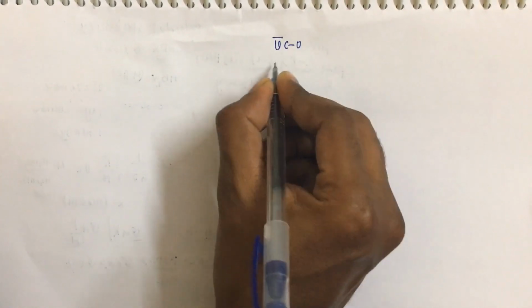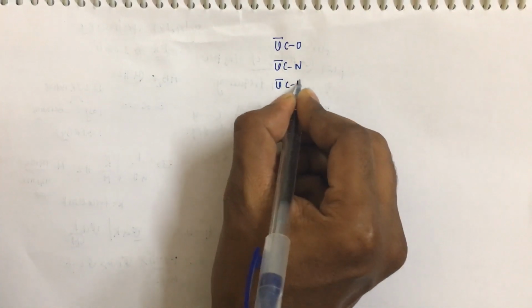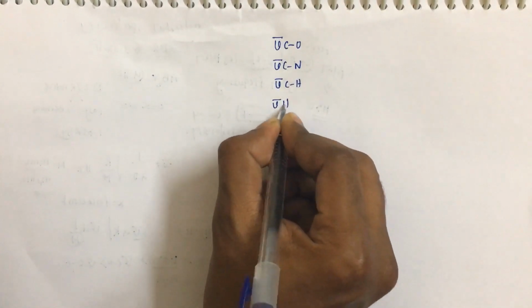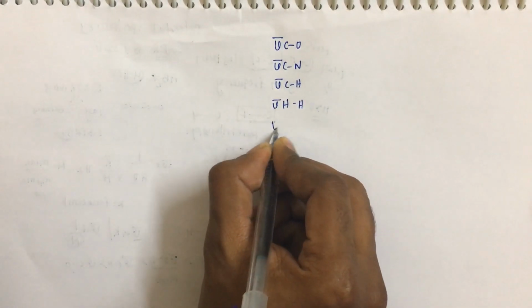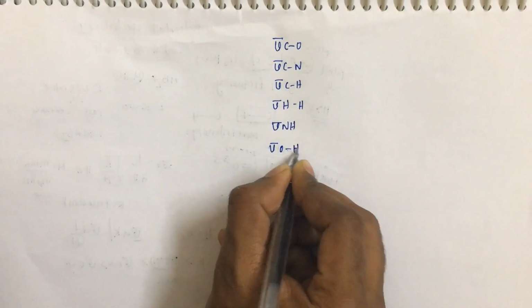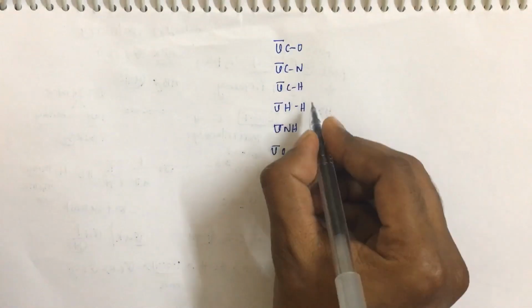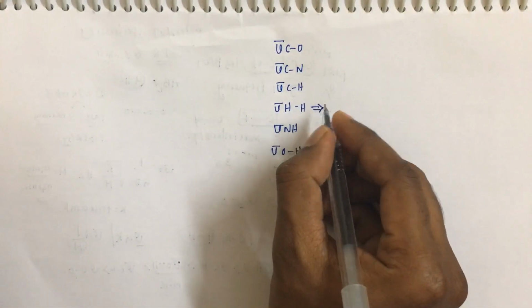CO, nu CN, nu CH, nu HH, then we have nu NH and nu OH. Which one will have a higher frequency? This one, nu HH, is very important.